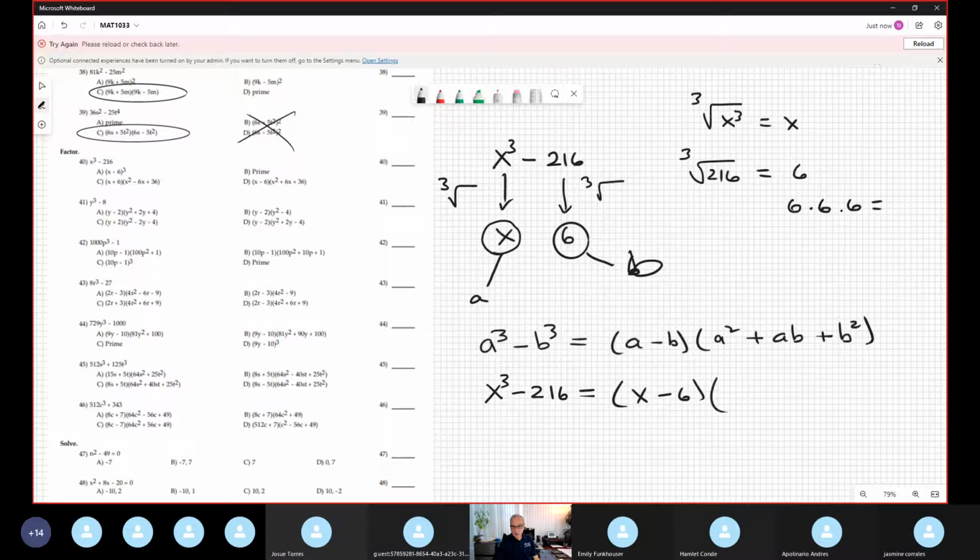The trinomial looks a little bit complicated, but not too much. Because A is x, x squared, plus the multiplication of both together, which is 6x, plus the square of the second, 6 times 6 is 36. Boom, final answer.